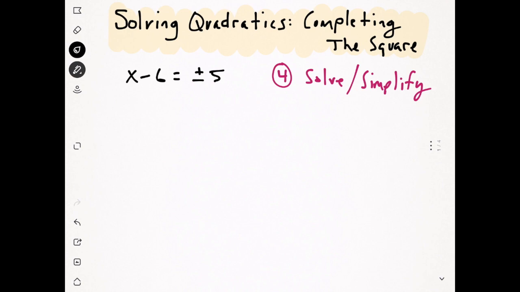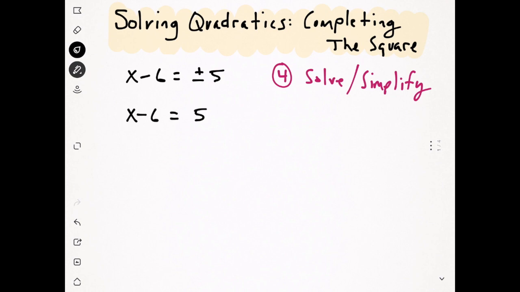Once we take the square root of both sides of the equation, then we just have to solve and simplify to get our solutions. So in this case, since it's plus or minus 5, we have to split the equation into two equations and solve each one. For the first equation, we have x minus 6 equals positive 5.